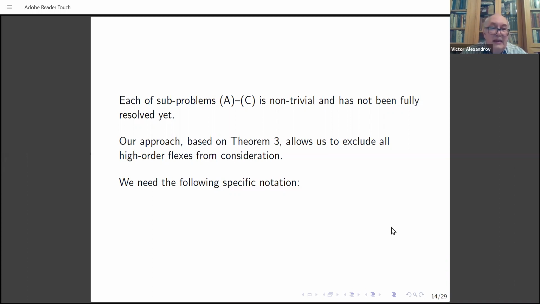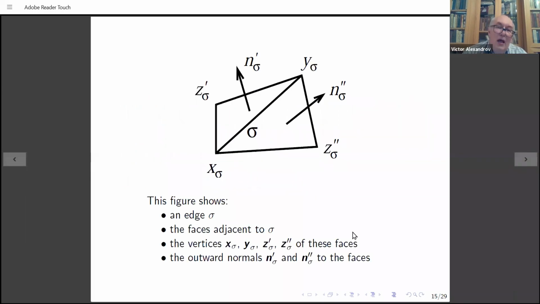In order to present this approach, we need the following specific notation. This figure shows an edge sigma. We start from an edge. Then it shows the faces, two faces adjacent to sigma. This triangle and this triangle. These are two faces adjacent to this edge.